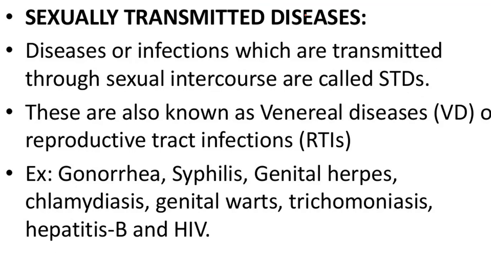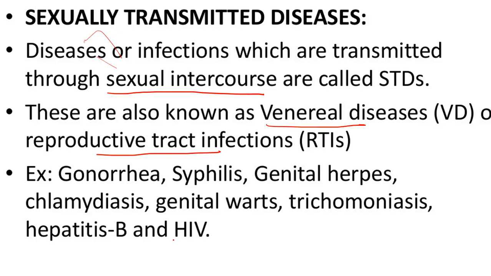Sexually transmitted diseases are diseases or infections which are transmitted through sexual intercourse. So when a couple has sexual intercourse, there are chances that some diseases can be transferred from the male to the female or female to the male. They are also known as venereal diseases or reproductive tract infections. These are the examples of sexually transmitted diseases.